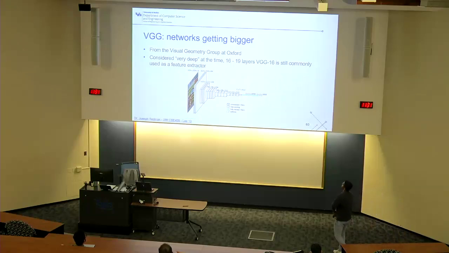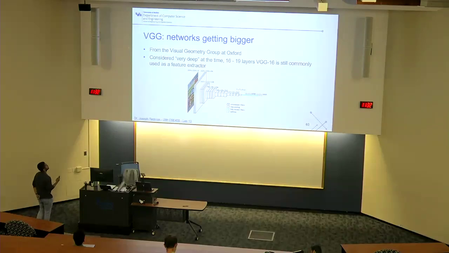Another architecture that was introduced after that, this is something that we still use, although it probably shouldn't be used much anymore, but it's really accurate despite being as old as it is. This was from the Visual Geometry Group, which is why it's called VGG. VGG, there were a few variants.